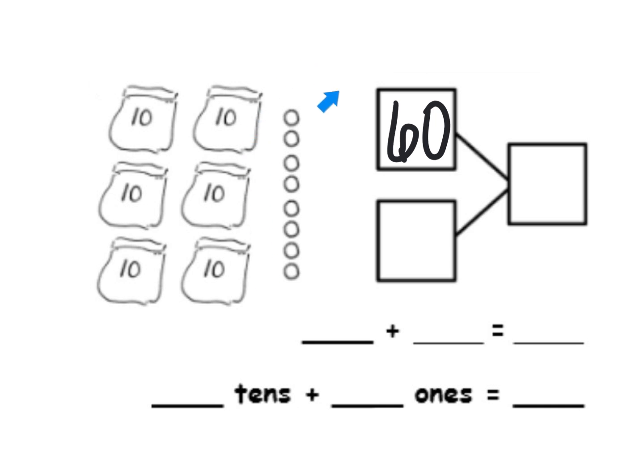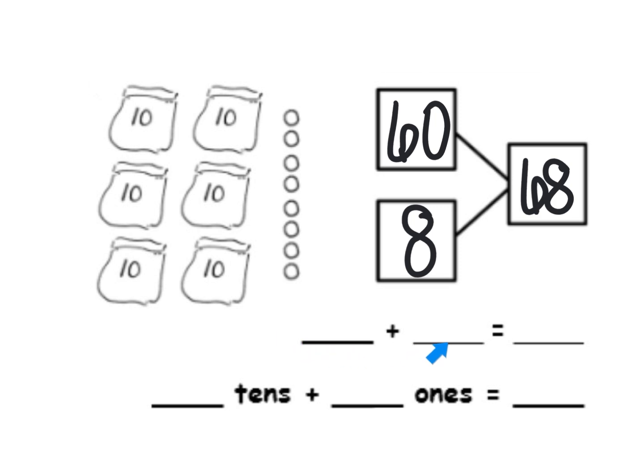Looks like here we have some ones. 1, 2, 3, 4, 5, 6, 7, 8 ones. So we'll add our 8 down here for our other part. Now we have both of our parts, so we're going to need to add these 2 numbers to make our whole. 60 plus 8 is 68.